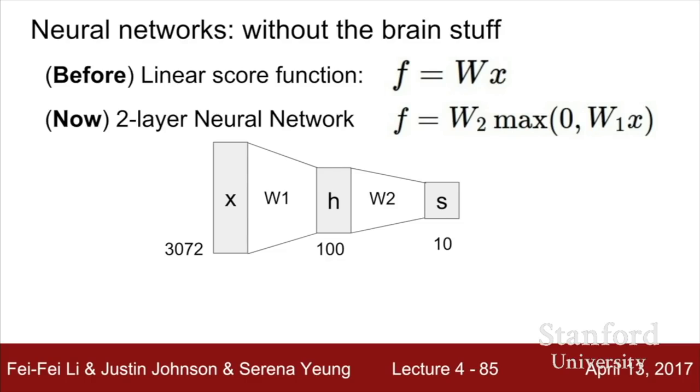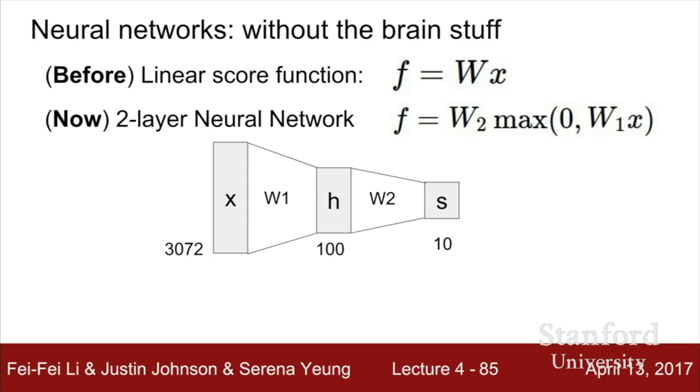It's really important to have these nonlinearities in place, which we'll talk about more later, because otherwise, if you just stack linear layers on top of each other, they're just going to collapse to a single linear function. Okay, so we have our first linear layer, and then we have this nonlinearity, right? And then on top of this, we'll add another linear layer. And then from here, finally, we can get our score function, or our output vector of scores.